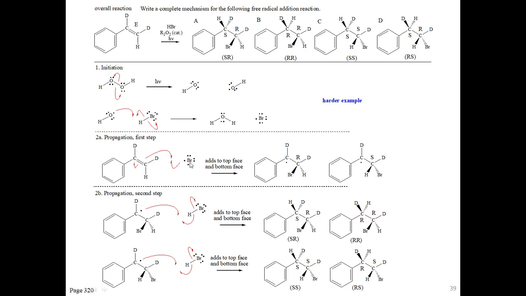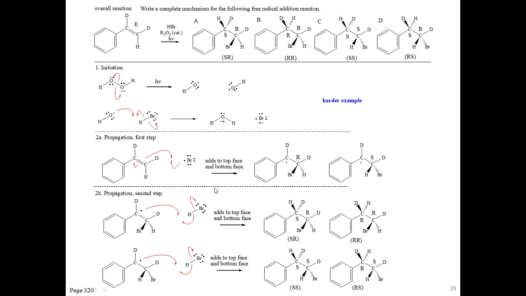So the bromine atom now will come over and add, and it will add to the end that gives us the most stable free radical, and that'll be the secondary free radical. Remember, this is an electron-deficient center, and so more inductive groups donating in help stabilize it, so that's better.